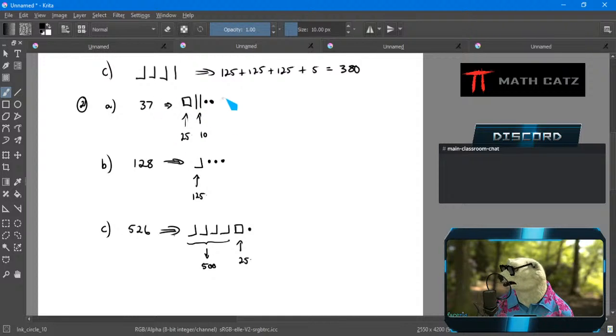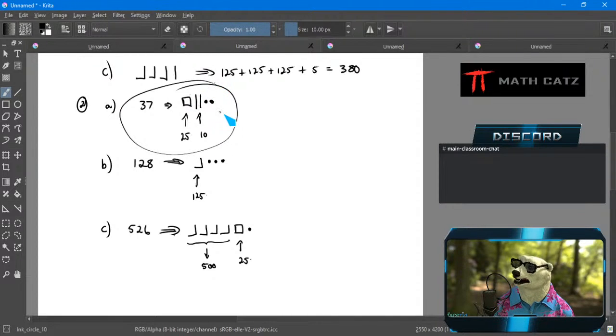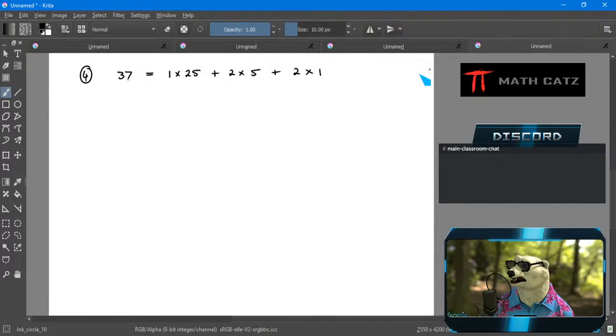So we're doing the same thing. We're just not writing the hands and fingers and stuff. It's the same underlying system. So now this means that I'm going to have a three-place number. 1, 2, 3.